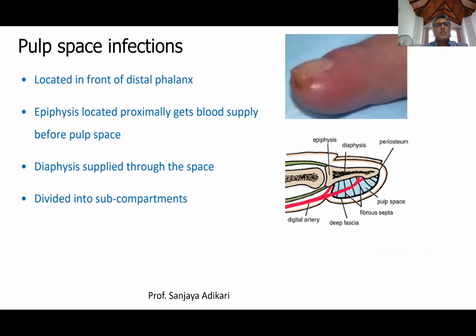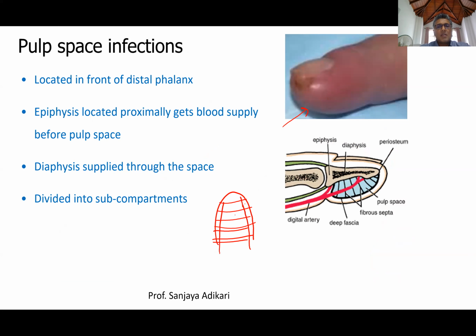Then pulp space infection, which is here. The issue with the pulp space is that it is divided into sub-compartments transversely like that. Your digital nerves and arteries go in the longitudinal direction.